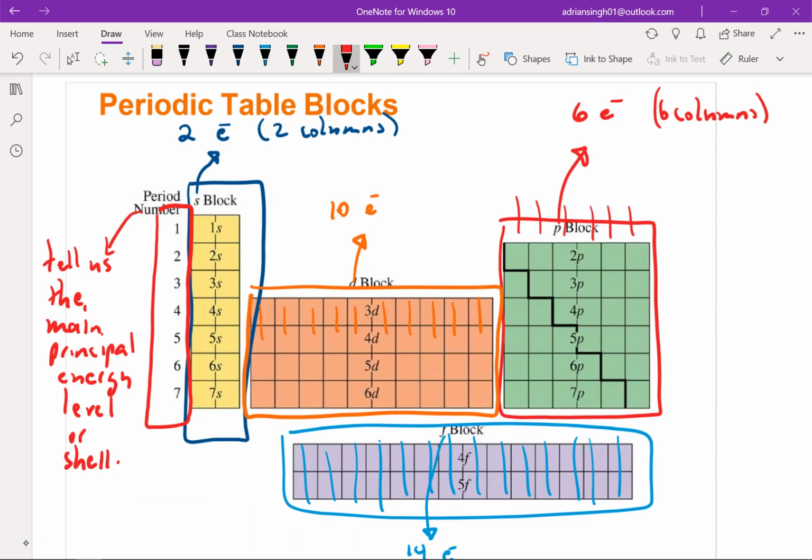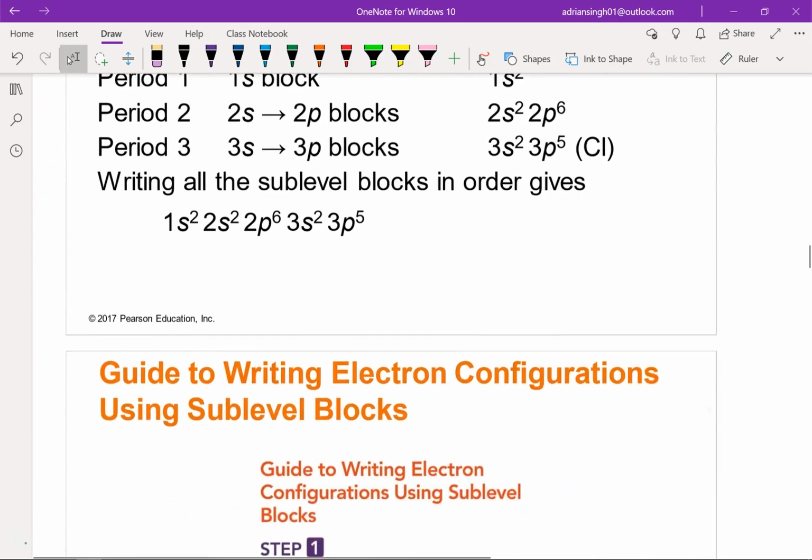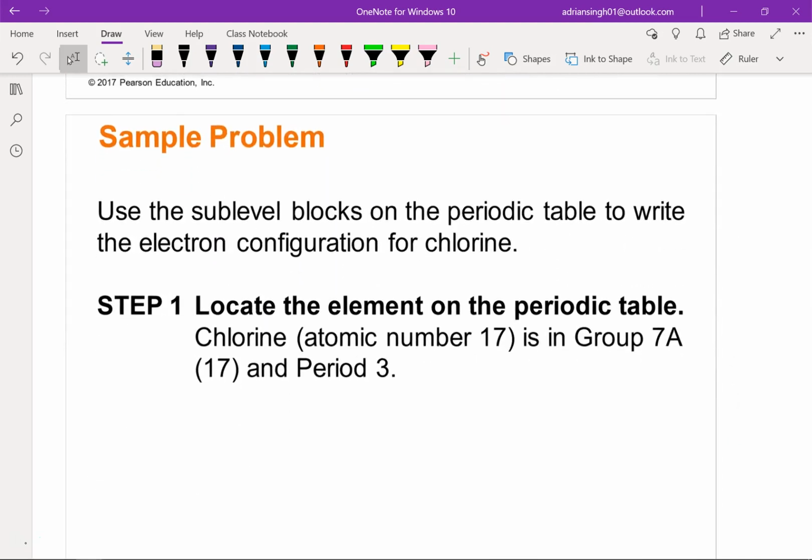So we actually have everything we need to complete our electron configuration using the periodic table. We don't need to draw our orbital diagrams if we have a periodic table handy. So let's take a look at how we can do that, writing our electron configurations just by using the periodic table.